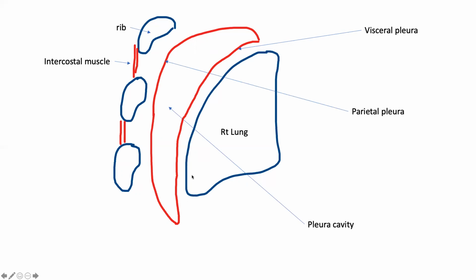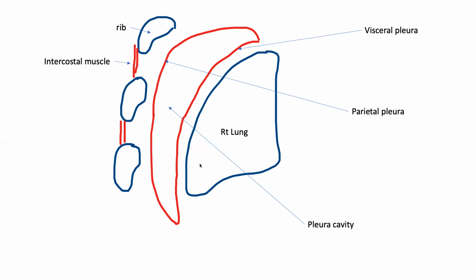So the same as the heart, which is covered by the pericardium, our lung is covered by a similar structure, which is called pleura. Pleura is a two-layer structure. The pleura will cover the lung substance, and it folds, then reflects and comes back to line the thoracic cage. So this is the pleura.